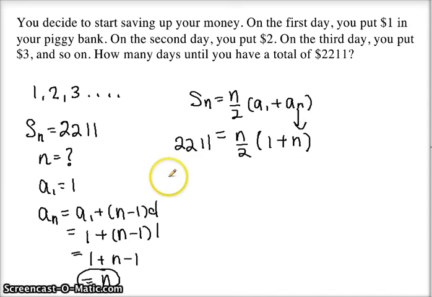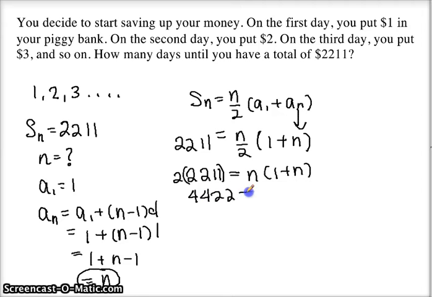Okay. So then I'm just going to solve this. I have 2,211 equals, okay, so first I'm going to multiply by 2. And then I have n times 1 plus n. Then this is going to equal 4,422 equals n plus n squared.